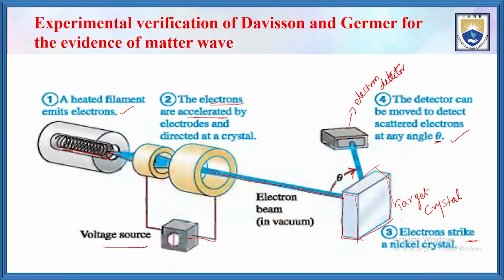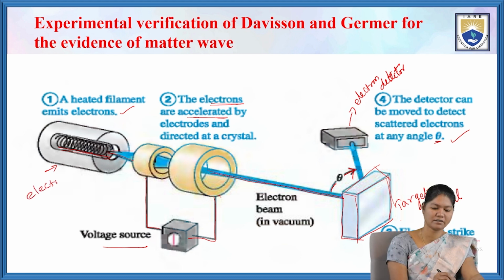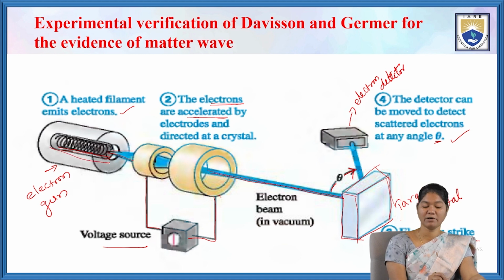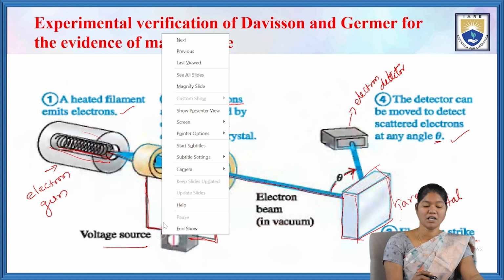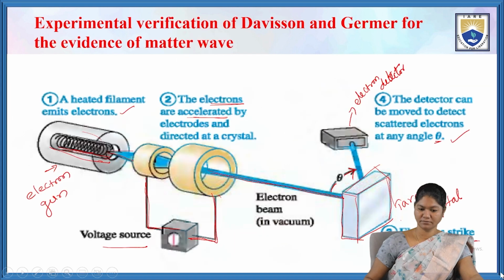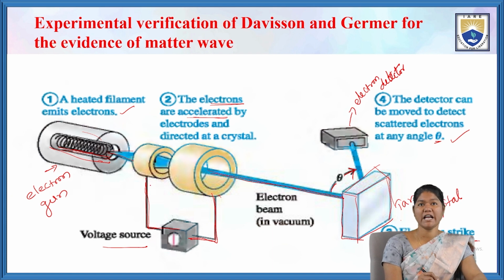First, this is an electron gun. The electron gun consists of a filament. When the filament is heated, it produces dull red electrons. The velocity of these electrons is not sufficient to hit the target crystal, so we connect it to a voltage source, so that at a sufficient voltage the electrons are accelerated.